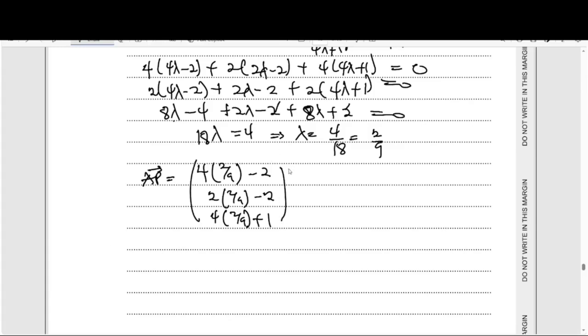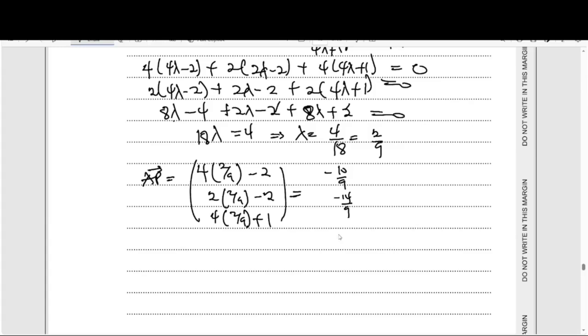So we have over here 8 over 9 minus 2, and for the first number, we get negative 10 over 9. The next one, 4 over 9 minus 2, will be negative 14 over 9.